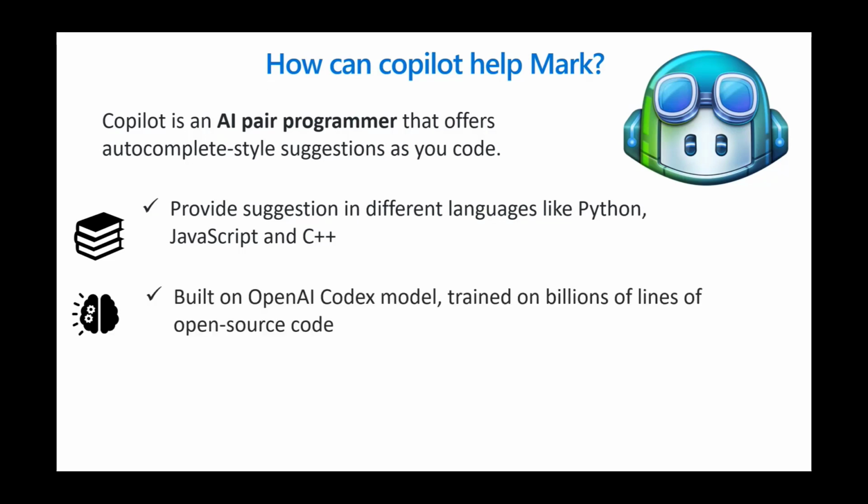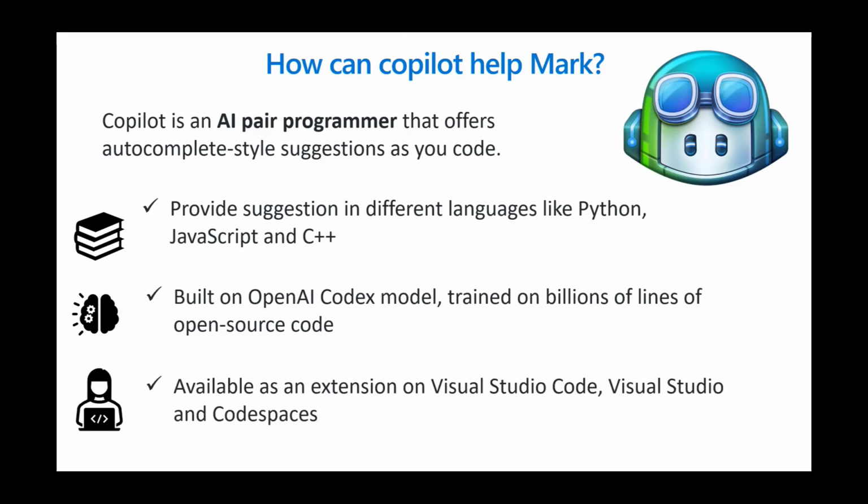It relies on the OpenAI Codex model, which is trained on billions of lines of GitHub open source code. And it's available as an extension in Visual Studio Code, Visual Studio, and Codespaces. This means that Mark can receive the support he needs without even leaving his lab environment.